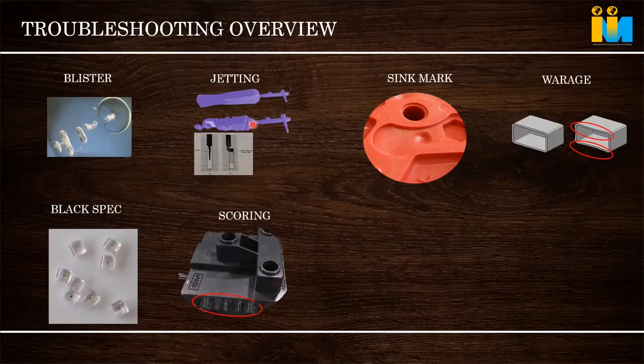Many times very difficult to solve. And next one is a sink mark. On the part, we can see depressions. After filling also, there will be depression, and aesthetically it will not look good.